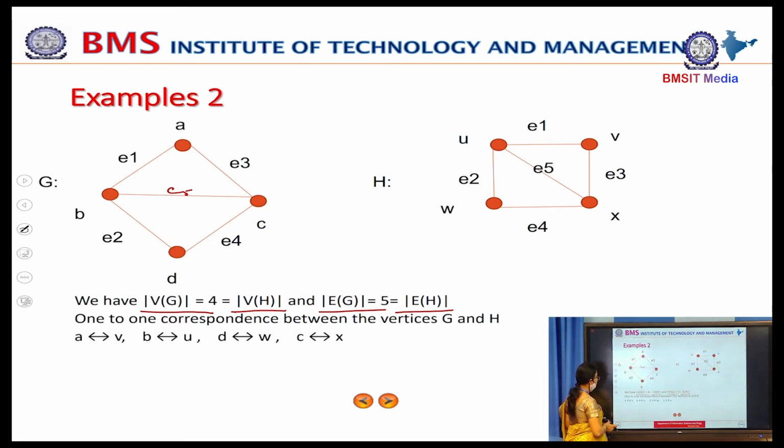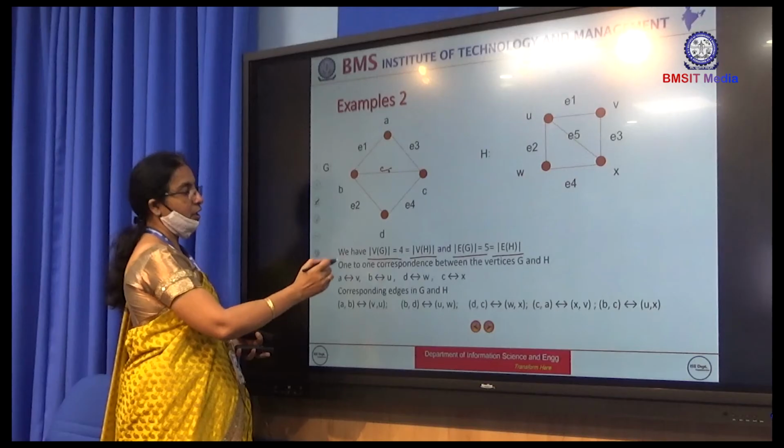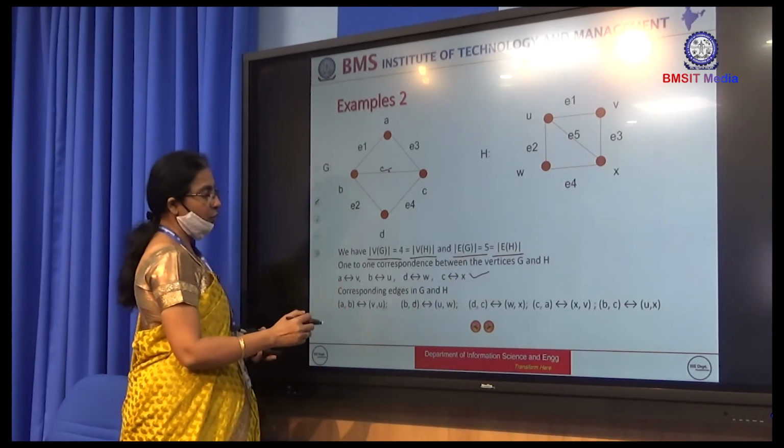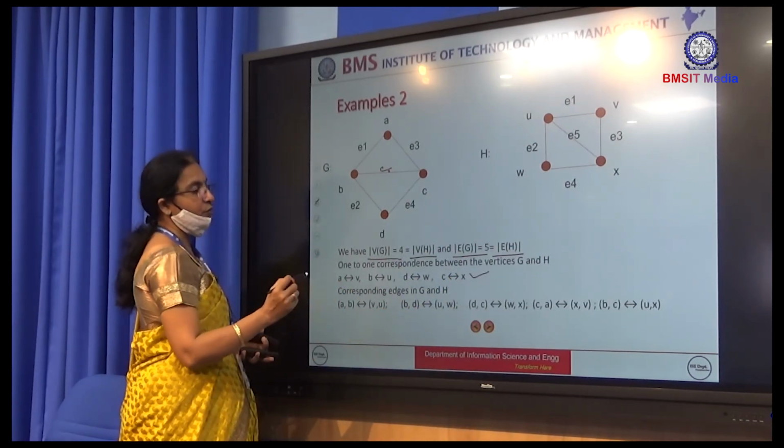So next we need to check for one-to-one correspondence. A is mapped to V, B is mapped to U, D is mapped to W, and C is mapped to X. So there is one-to-one and onto correspondence of the vertices. Now we need to check for the correspondence of edges.